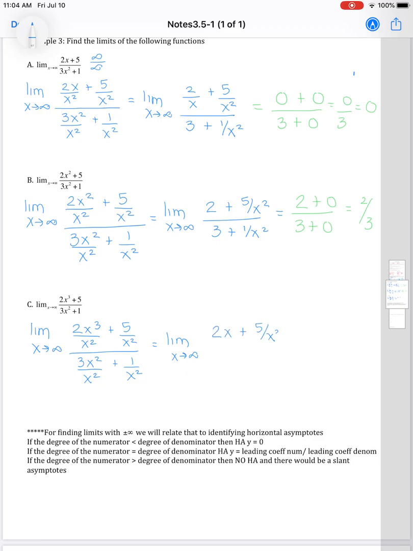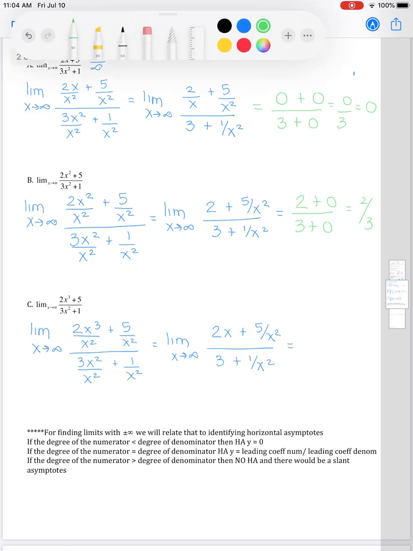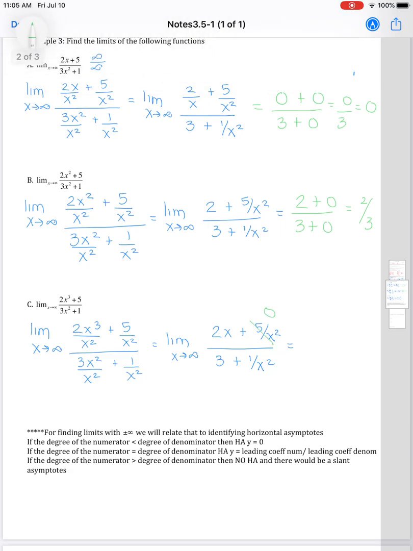So we get 2x, 5 over x squared, 3, and we get 1 over x squared. So now when we have it like this, we know this is 0. So if I get rid of this guy, we know this is 0. So I'm left with now the limit as x approaches infinity of 2x over 3.